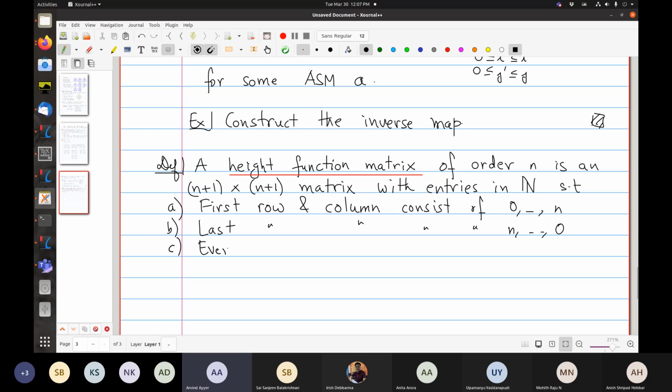And every entry, so the condition is similar to the corner sum matrix, differs from the one above and to its left by 1. When I say differs, maybe I'll put a plus minus 1.